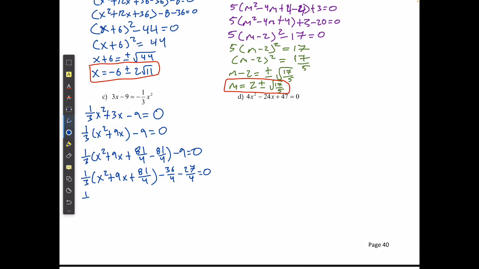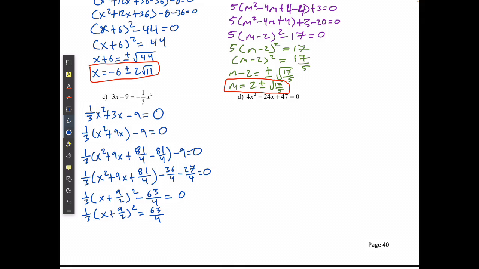So I have 1 over 3 x plus 9 over 2 squared minus, when I combine these two things, it's going to give me 63 over 4 is equal to 0. 1 over 3 x plus 9 over 2 squared is going to equal 63 over 4.